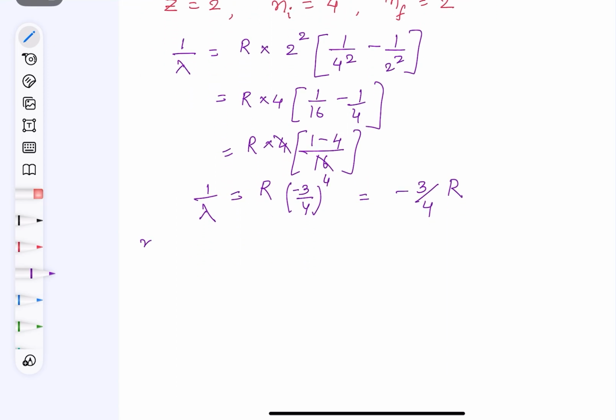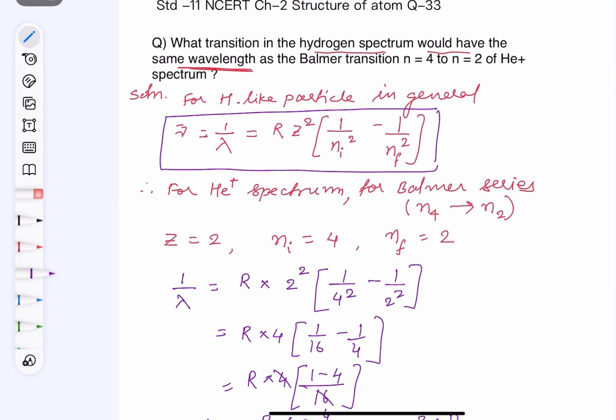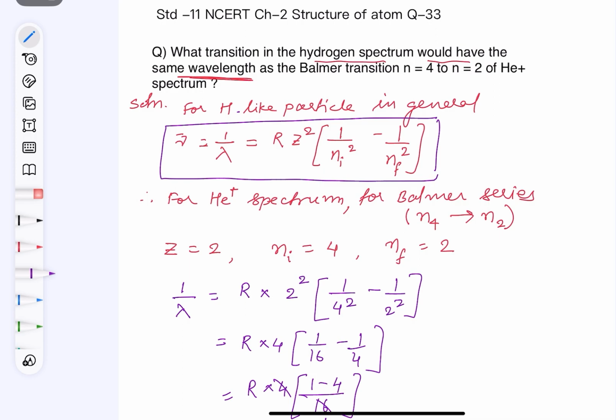Now the question says that this value of lambda should be the same for the hydrogen spectrum, and at which transition would this be the same. The wavelength would be the same at what transition in the case of hydrogen spectrum.